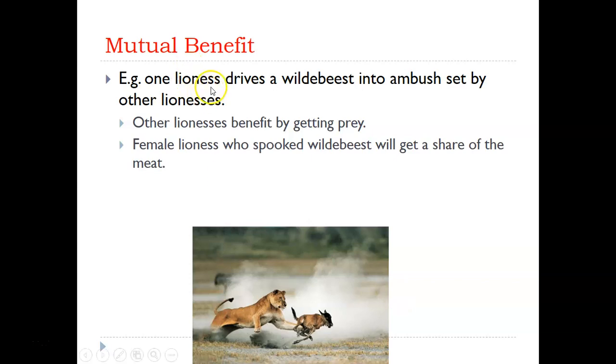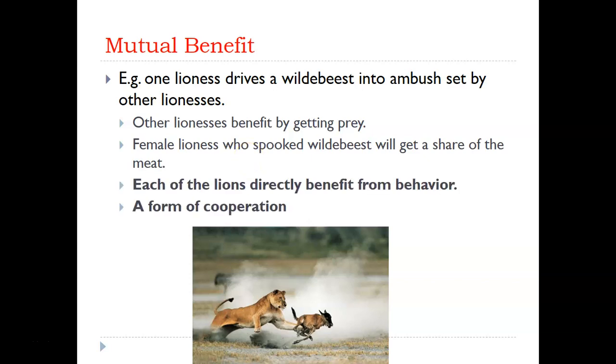So if you are a lioness that drives wildebeest into an ambush set by other lionesses, then the other lionesses are certainly benefiting. These would be the recipients of that behavior that you just did. They're benefiting because they get to eat. But then you also get a share of the meat, and so you also benefit from this process. And if everybody plays their role, then everybody's going to get to feed, and this can be a mutually beneficial kind of arrangement.